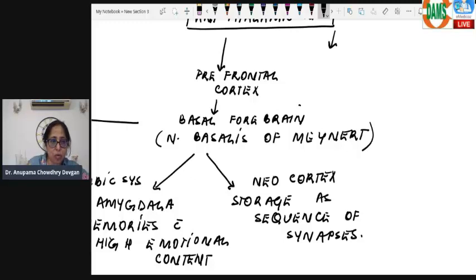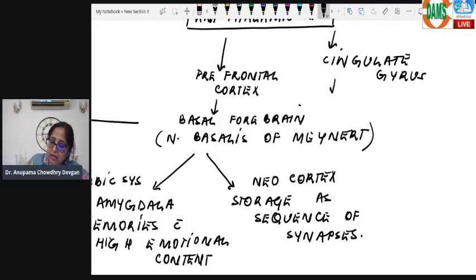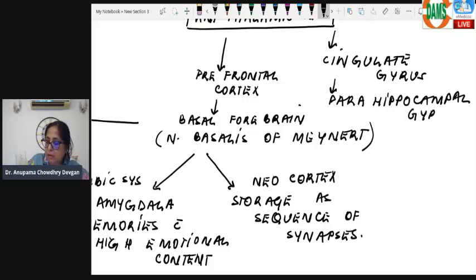Impulses can also go into the limbic cortex via the cingulate gyrus, which in turn goes into the parahippocampal gyrus and the entorhinal cortex.